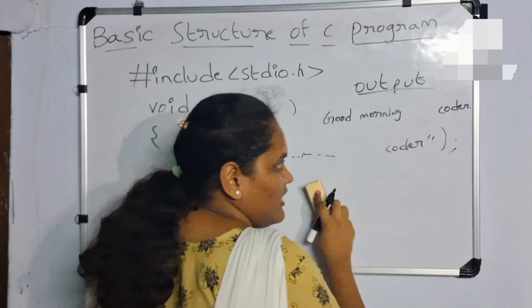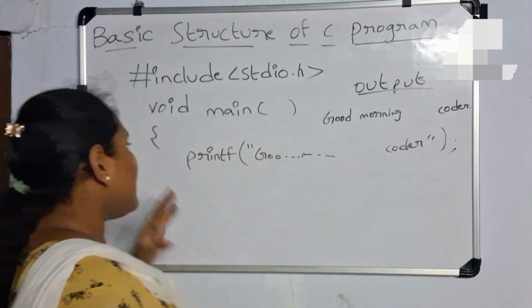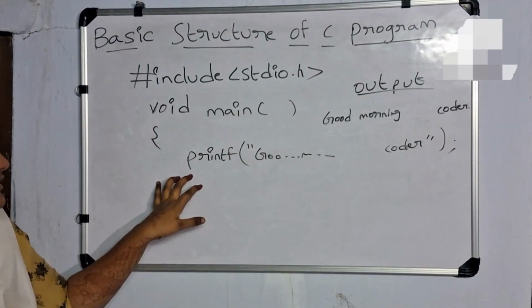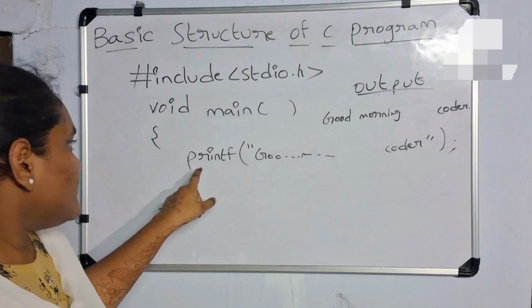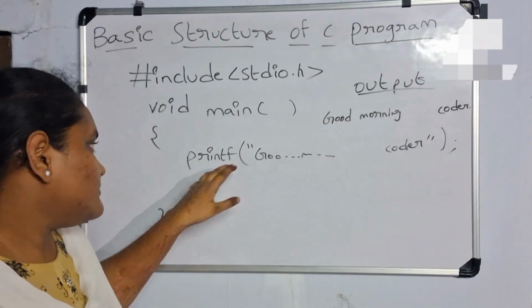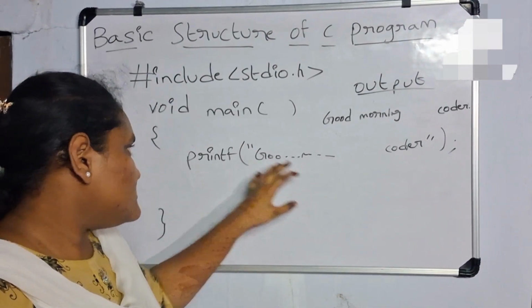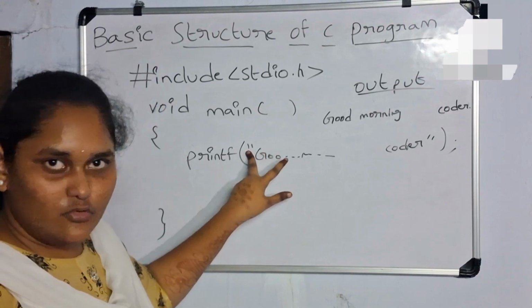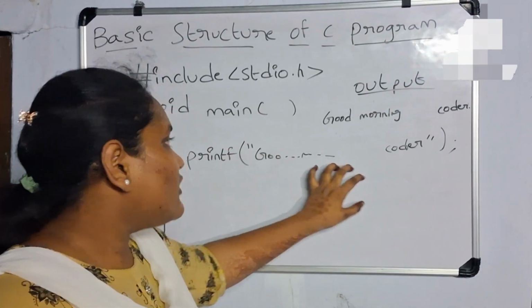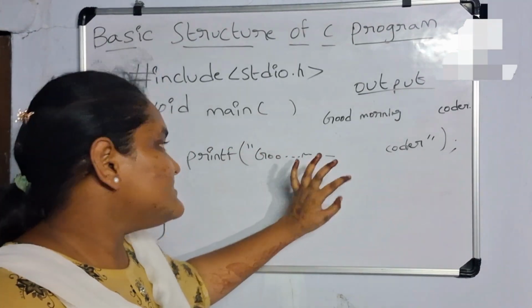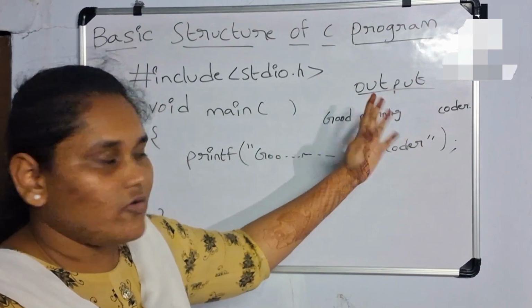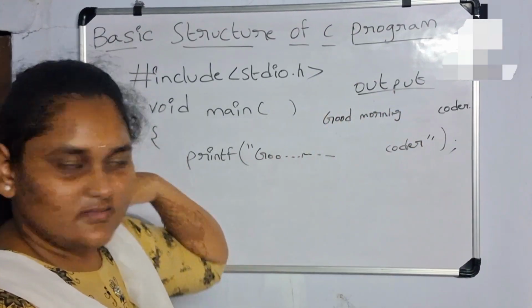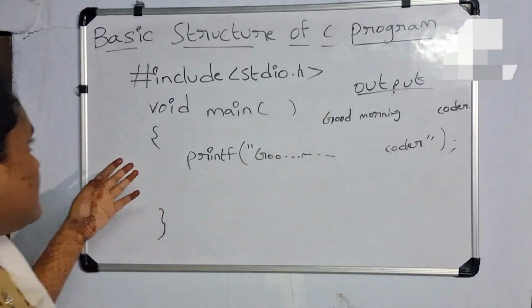That's up to you. Yeah, that is how to use the printf function. So simply in the parentheses, keep double quotes. In those double quotes, write the exact thing which you want to print onto your output screen.